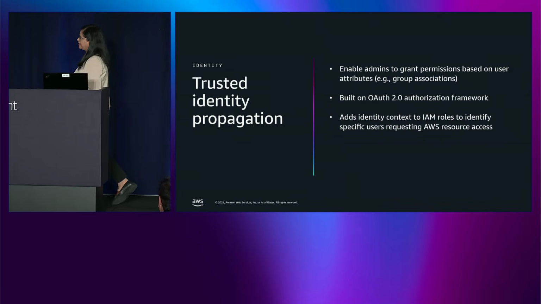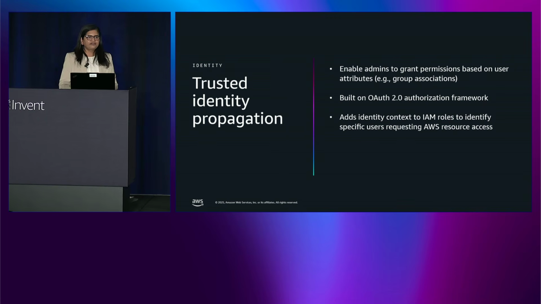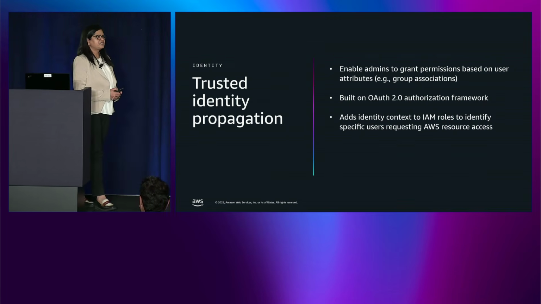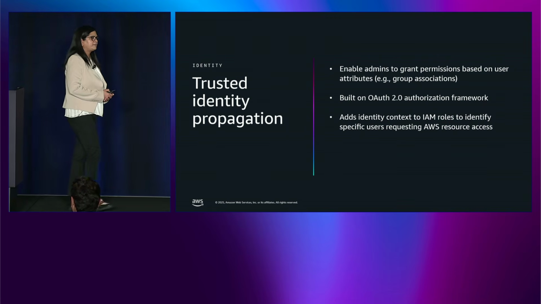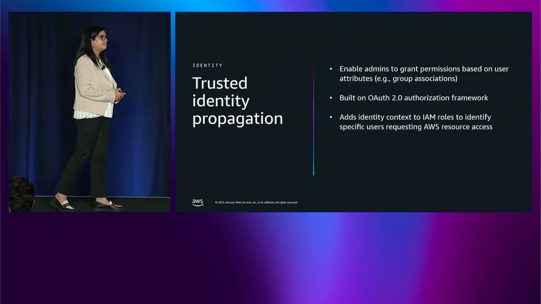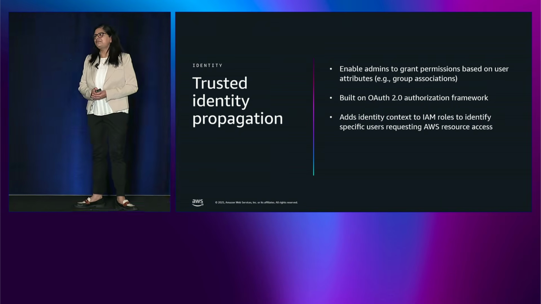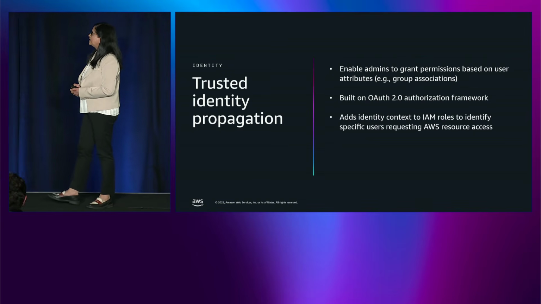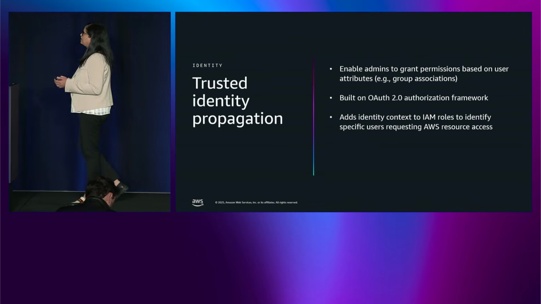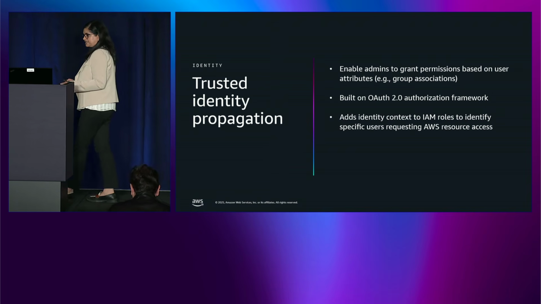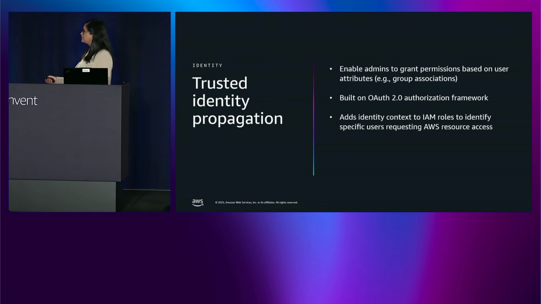So starting with identity. A couple of years back, we introduced a feature called Trusted Identity Propagation. This is a feature from AWS IAM Identity Center, which enables administrators to grant permissions based on user attributes such as user ID and group association.